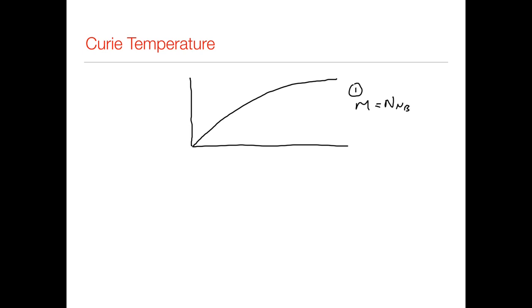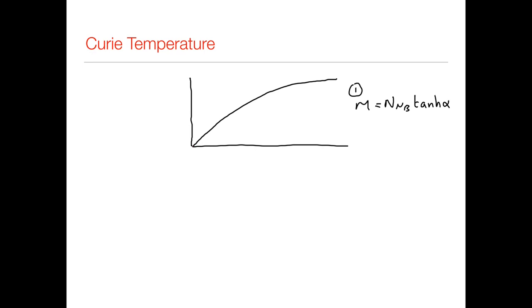Let's see if we can get an equation for this Curie temperature. So again, let's just sketch this out. I'm going to have my equation 1, doing something like this, where M is equal to N mu B hyperbolic tan of alpha. Now, I want my equation 2 to be just at the limit, the point at which the spontaneous magnetization disappears.